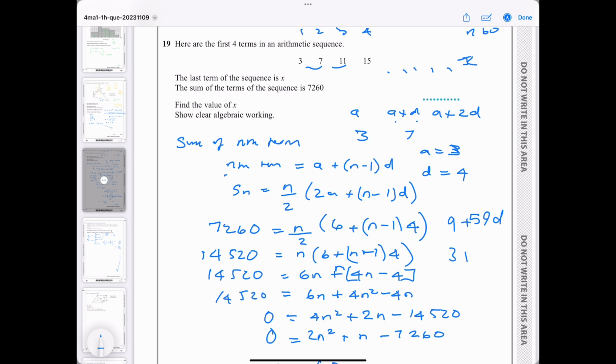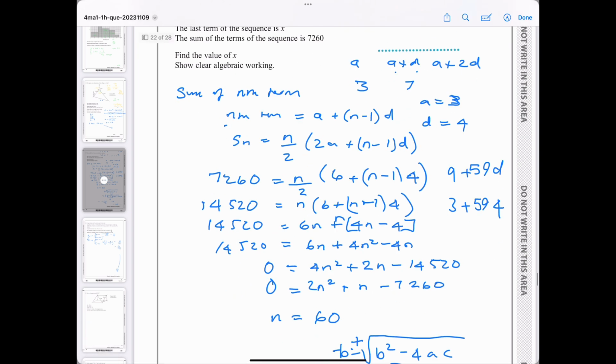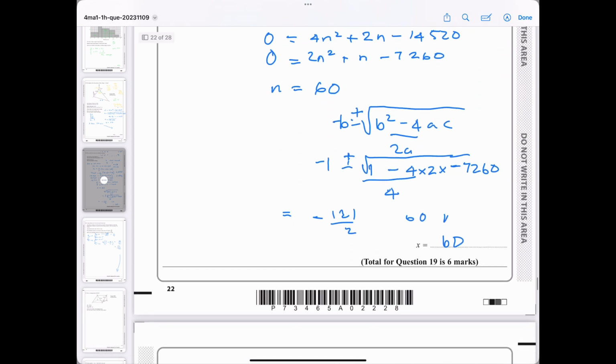So that's 3 plus 59 times 4. 59 times 4 equals 236, plus 3 is 239. So the actual answer is 239. So n equals 60, and x equals 239.